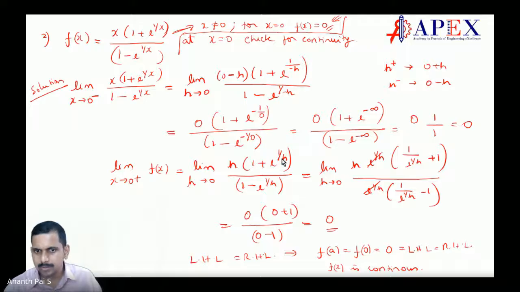What if you would not take it outside and directly substitute 0? Then it would come e to the power of 1 by infinity. What will happen, 1 by 0, so infinity we will get. So e power infinity is what? Big number, correct? Big number only.